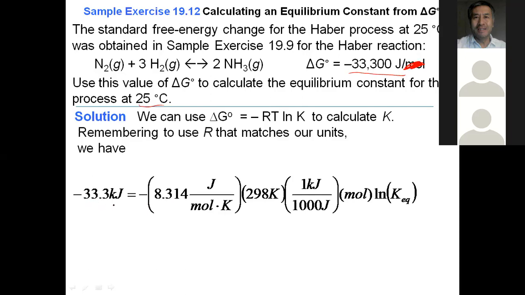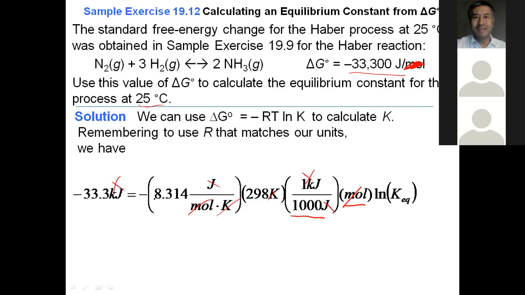After that, we see where each of these comes from, the same idea as I explained a few slides before. This is for conversion, and this comes from the exponent. So the mole comes out, the Kelvin comes out, the J comes out, and the kJ comes out.